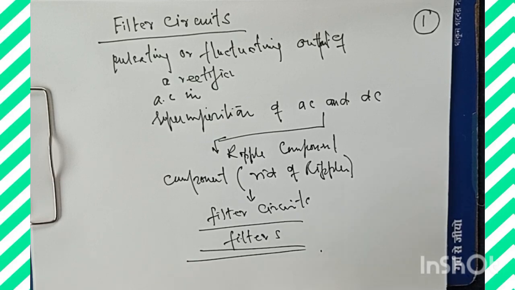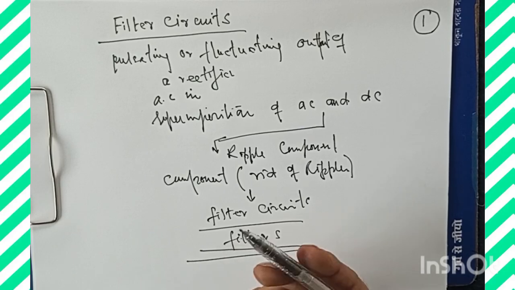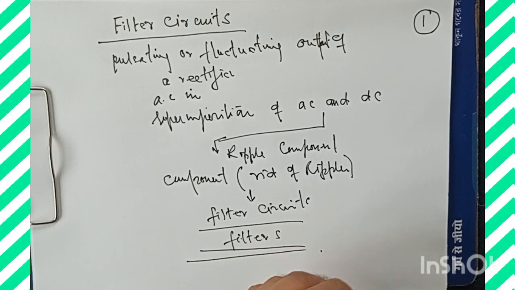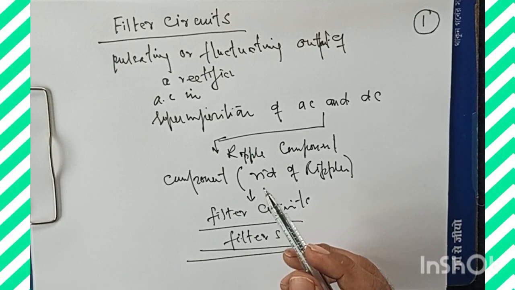Commonly there are many types of filters that are used. There are capacitor filters, circuits in which capacitors are involved, and generally they consist of a capacitor shunting the load resistance RL.